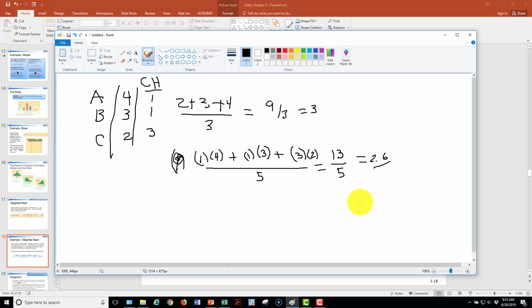So your GPA is actually 2.6, not 3.0. That is another example of a weighted average.